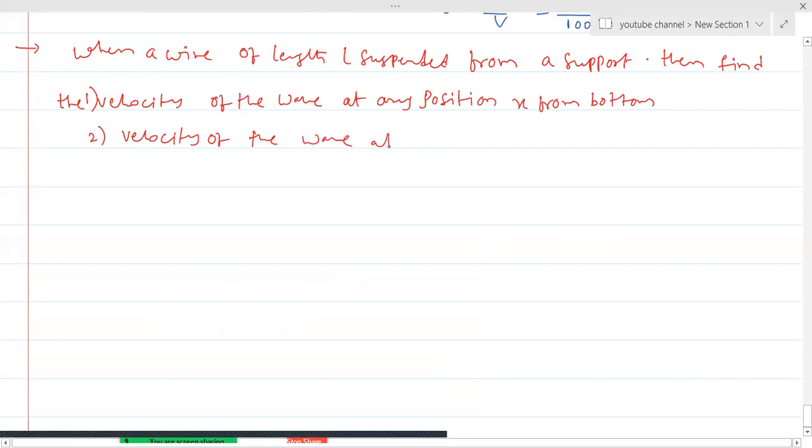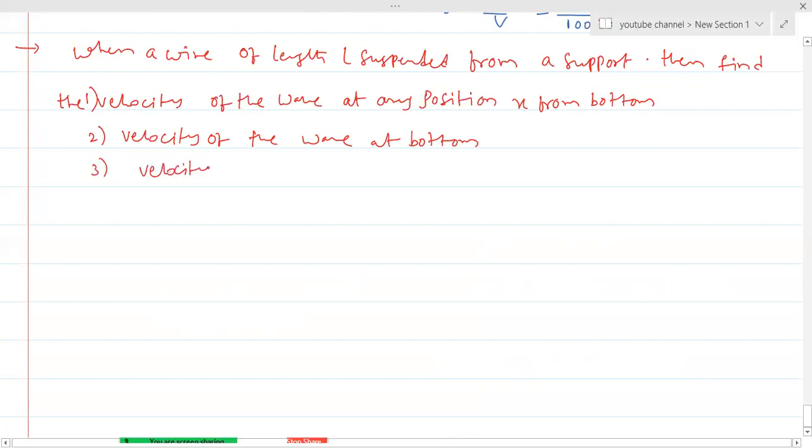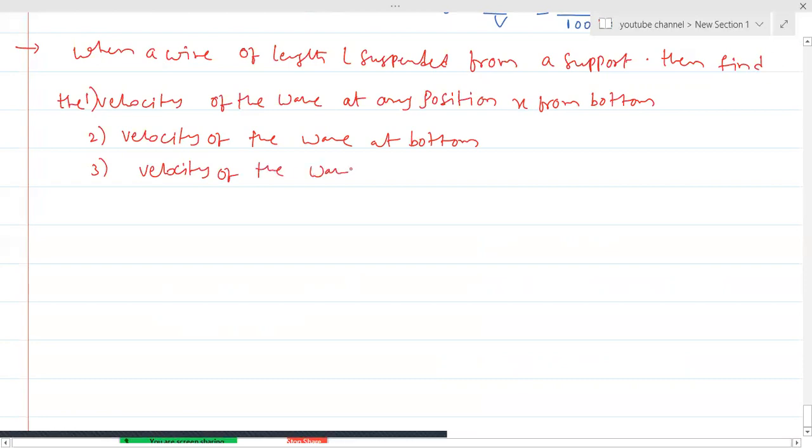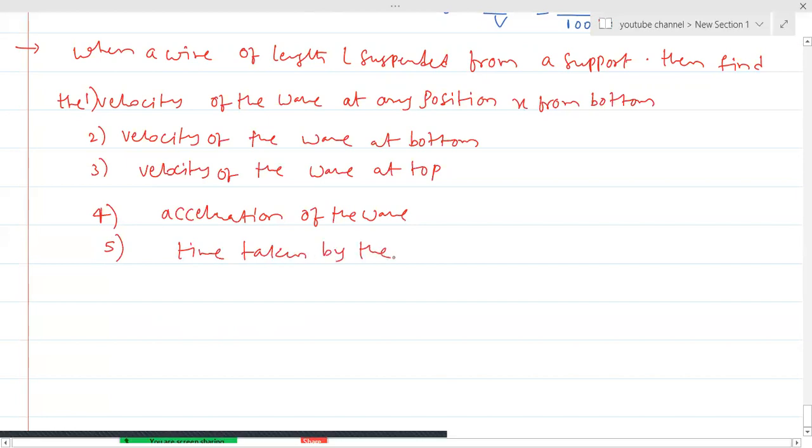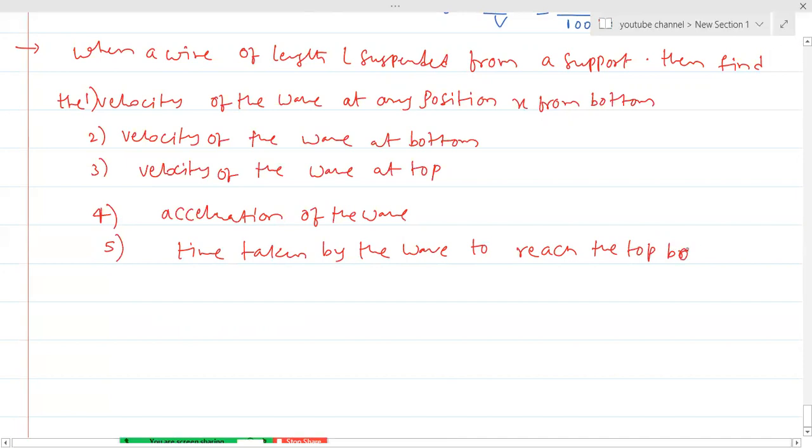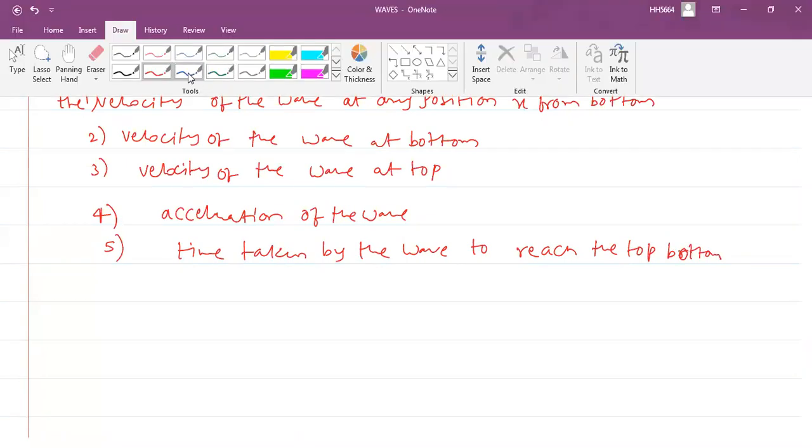Velocity of the wave at the bottom position, and velocity of the wave at the top, and next one, the acceleration of the wave, and the last one, the time taken by the wave to reach the top from the bottom. So this is a very famous one and important one.